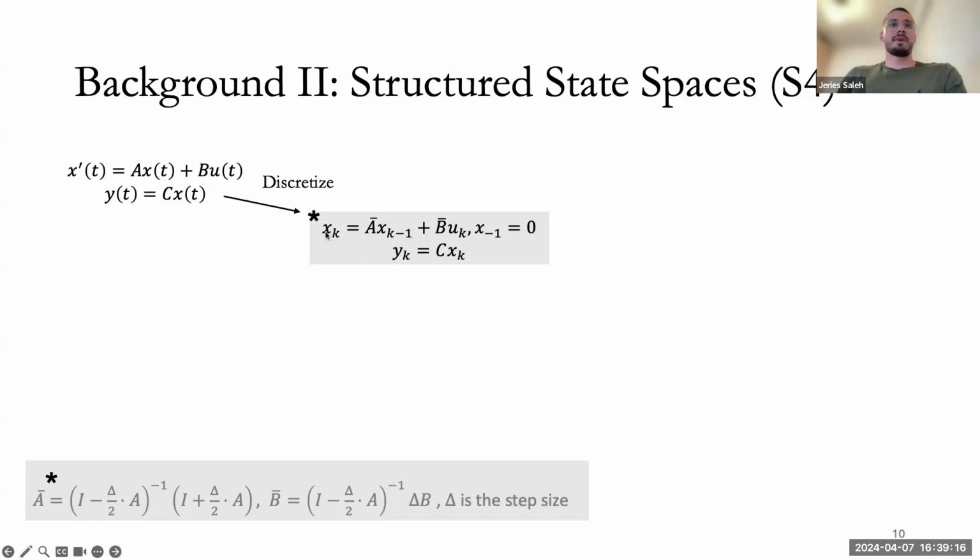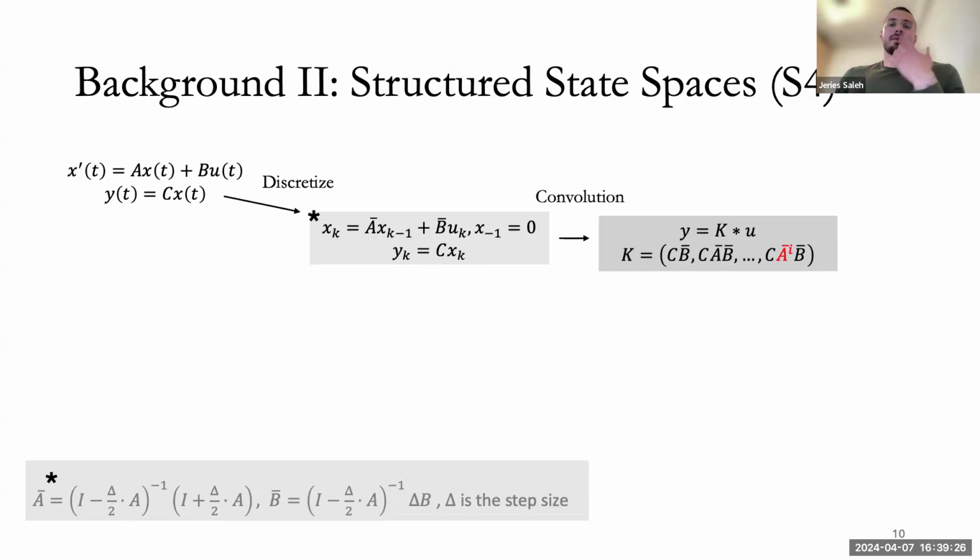And if we plug xk into the second equation and keep recursively plugging it in, the authors show that they can derive a different representation as a convolution with kernel K. Now here K, you can look at this matrix, and this matrix is kind of hard to compute. Imagine the case where it's not diagonal.